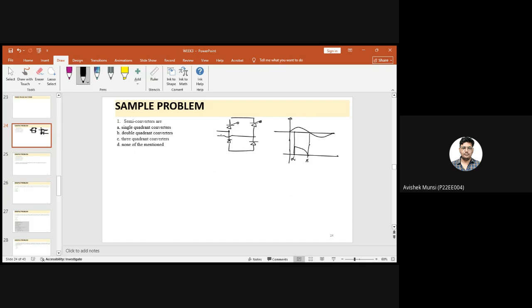Okay. But there will be another case. This is a symmetrical configuration. It may be an asymmetrical configuration like this. So whatever the configuration, the output voltage will be the same. So what will be the converter quadrant of conduction?